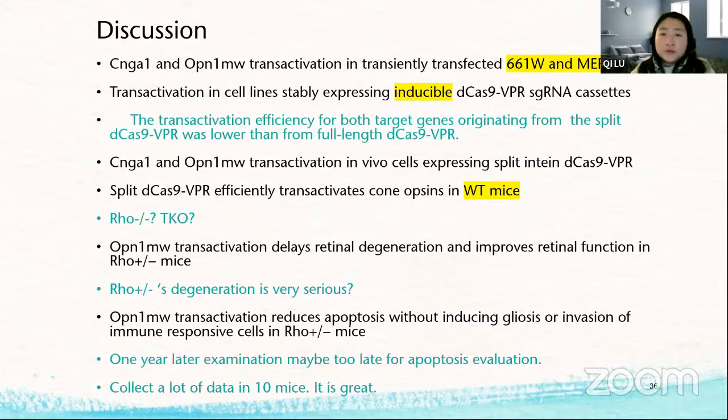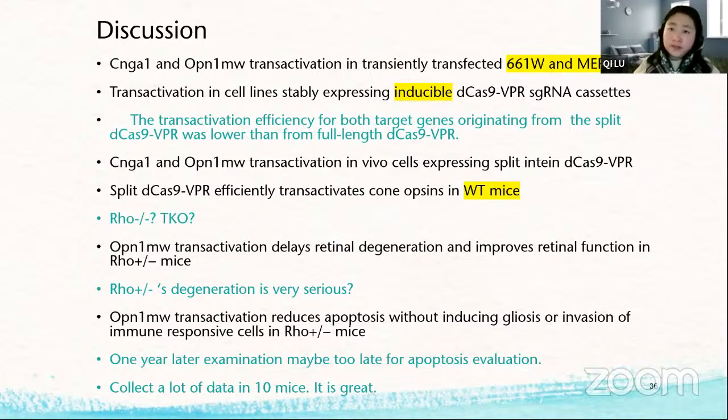And in the discussion part, the authors talk about how this split system is a realistic restriction, because they just cannot package such a big Cas9 sequence into one AAV.